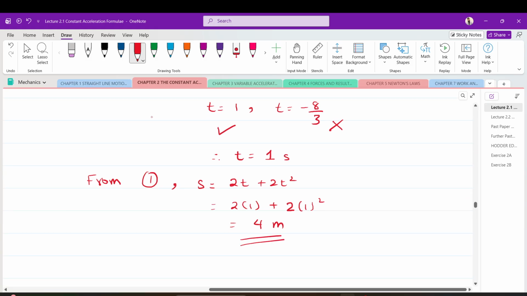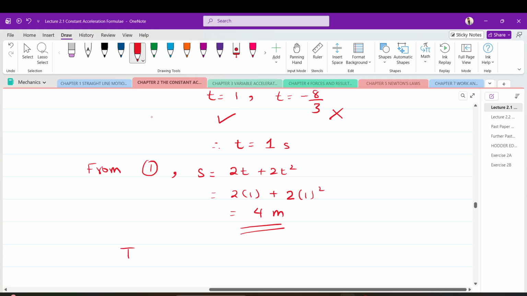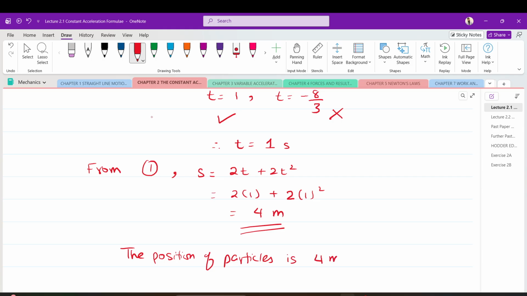So we can say the position of the particles is 4 meters from point A.